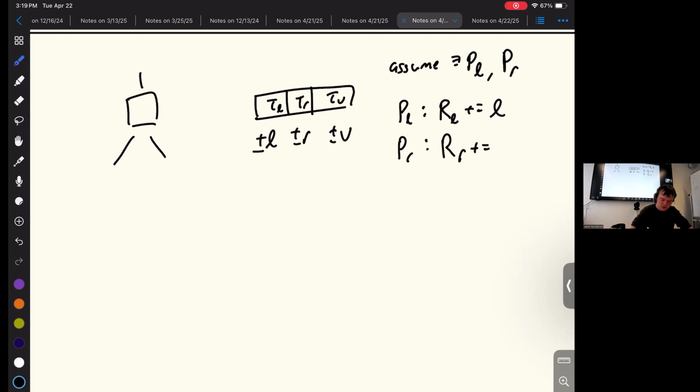R plus equals the value R, and from them we want to derive a program PV, which is RV plus equals V. And again, I'm going to allow the inverse programs, which subtract the value. So you have access to both the plus and the subtraction.